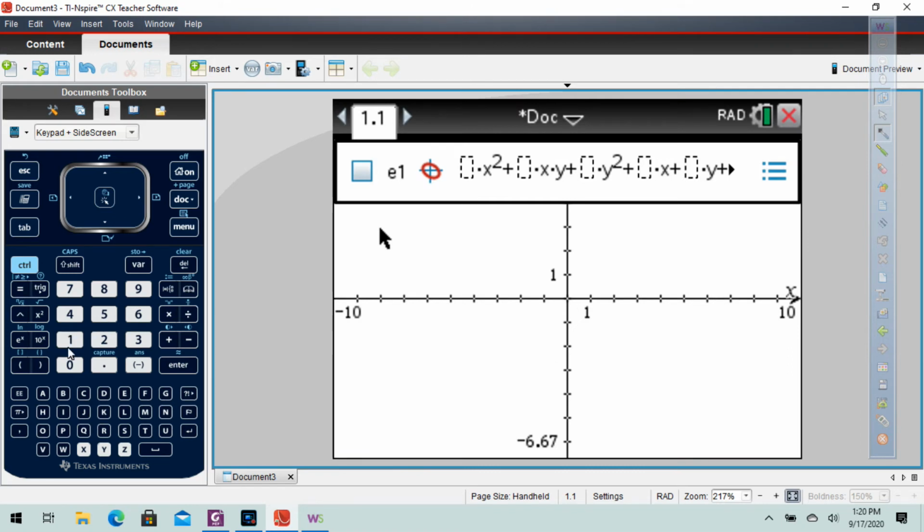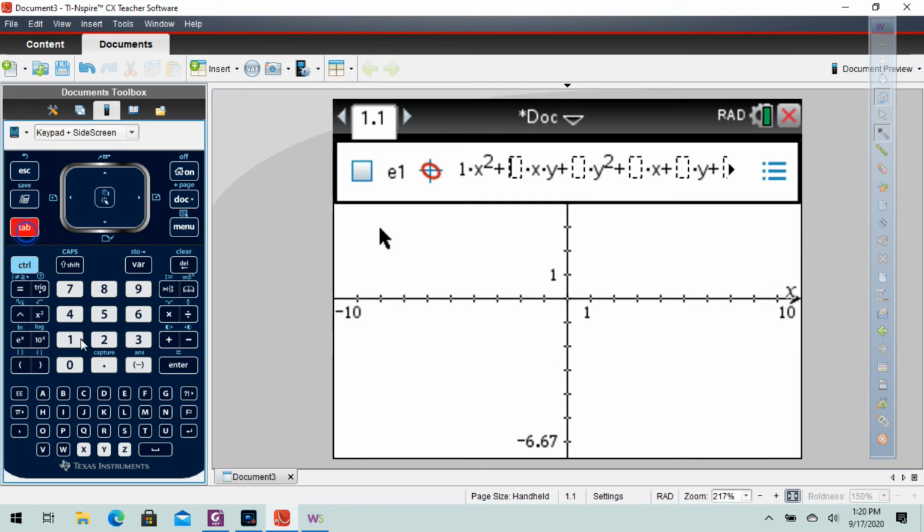We have 1x squared. We have no xy or y squared, so we'll zero both of those out. For x, we have negative 14x. And for y, we have a negative 12y. And we have a plus 73.